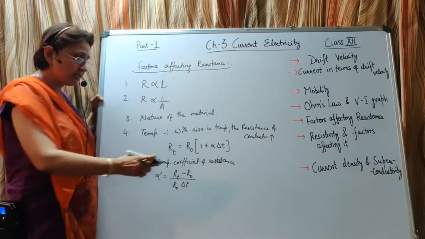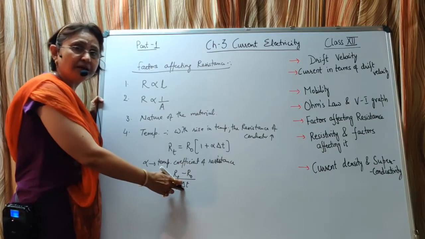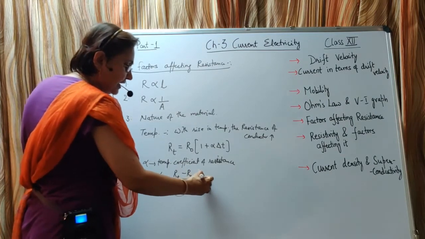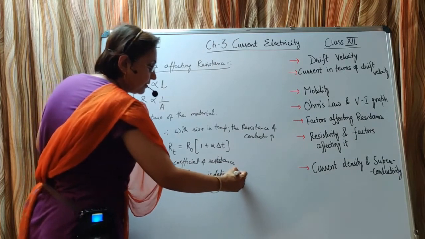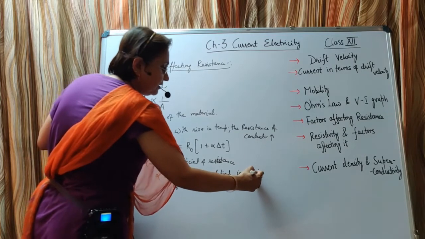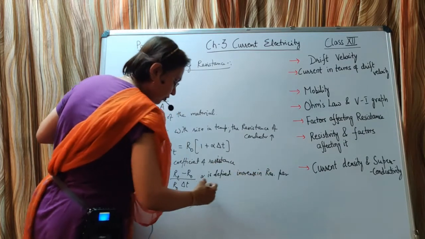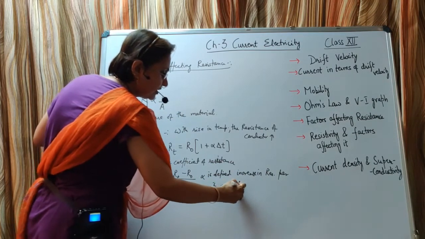What is this? The numerator is the increase in resistance, upon the original resistance, per degree rise in temperature. So how can we define it? Alpha is defined as the increase in resistance per unit original resistance per degree rise in temperature.